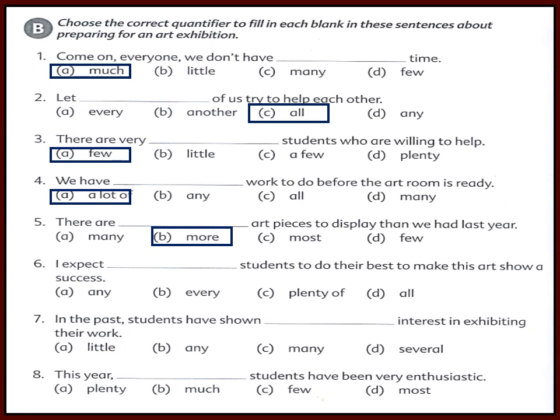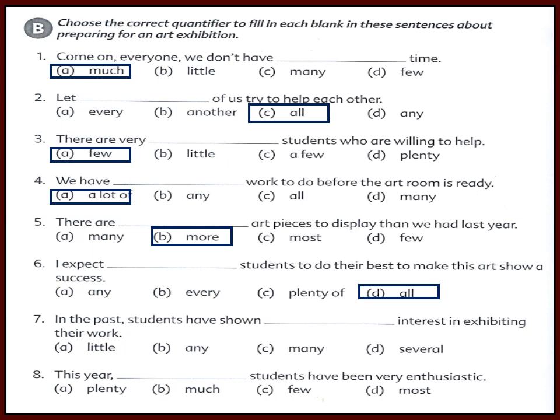Now what is your guess about the answer? Good. I expect all students, right? All students, it means all, as a group we are talking about that. And plenty of, I couldn't find suitable here, right? We don't use it like that, and usually we use plenty of with non-count too.